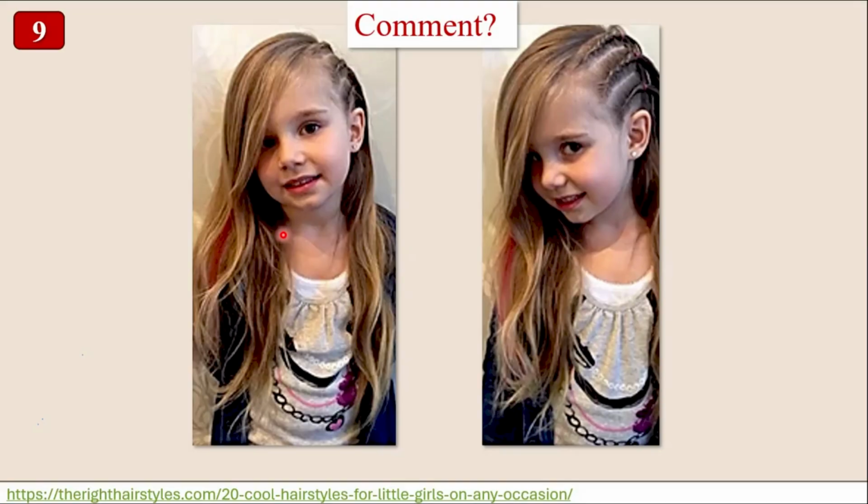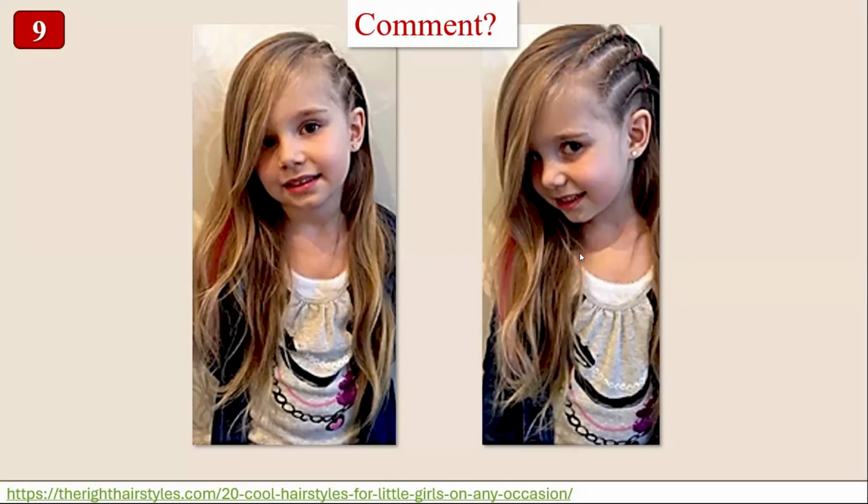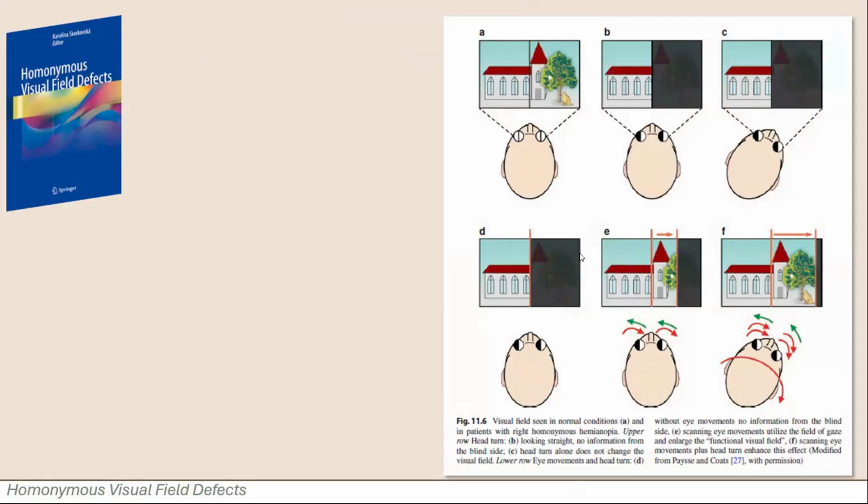Do a confrontation test at least. According to one reference, visual field defects and uncorrected refractive errors have a prevalence of less than 1% of the causes of abnormal head posture. So it's not common, but it's there.